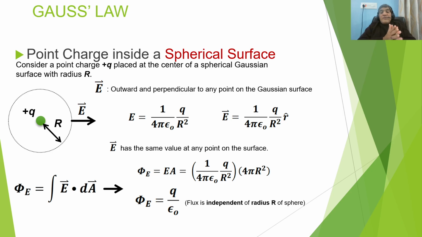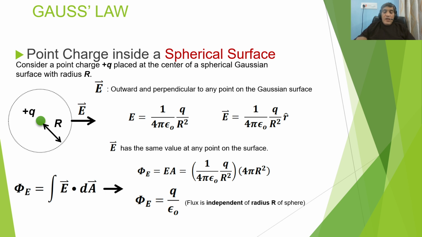Electric flux is independent of the shape and size of the surface, which contains the particular charge inside it. But the electric field does depend upon the radius of the particular surface we have in our question, whether it is a cylinder, a sheet or a sphere.